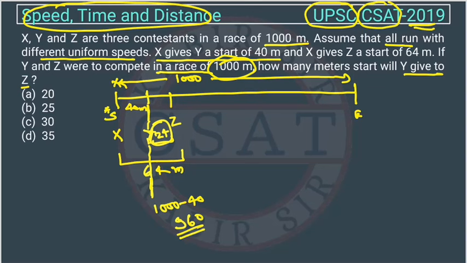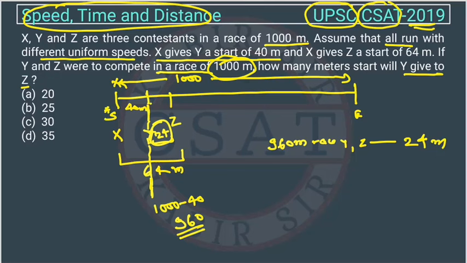So in a 960 meter race, Y is giving Z a start of 24 meters, right?